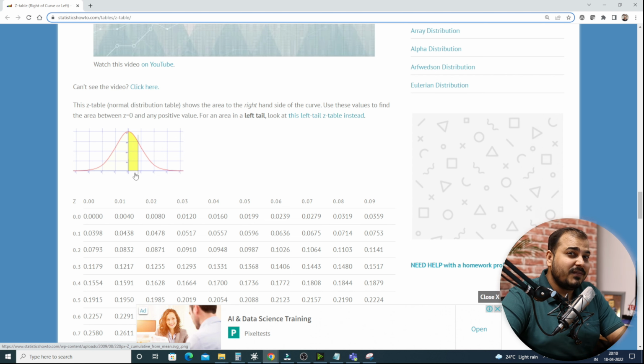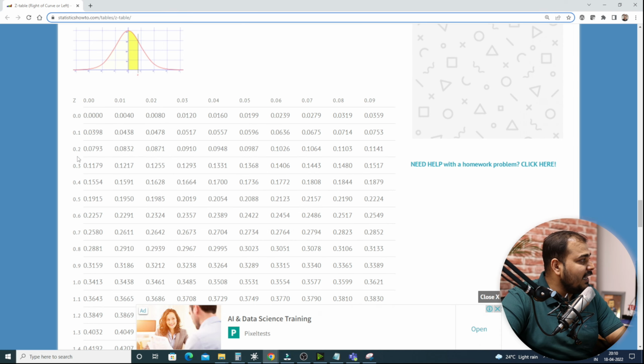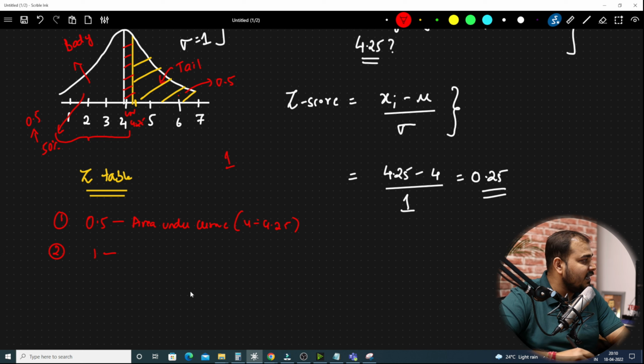So if my value is 0.25, I can directly go and read this. This is 0.2, and this is 0.05, so the value that comes is 0.0987.